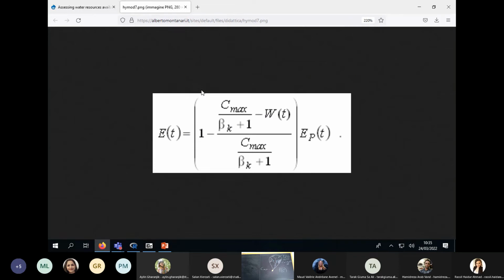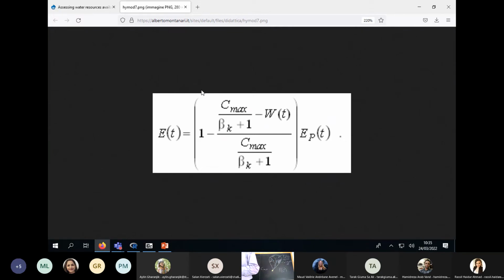Okay, let's look at the screen. Let's call evapotranspiration ET. This is a length per each time step, so it's an intensity actually. Typically it's millimeters per hour, millimeters per day. And let's call it ET.